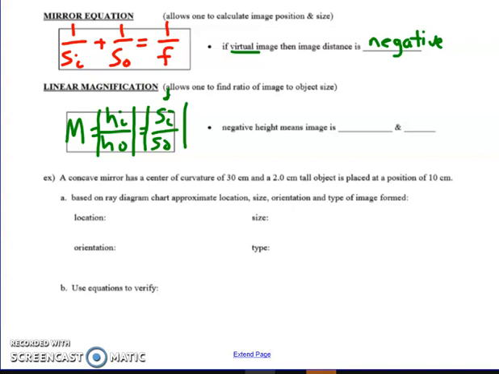If I know where I place an object and I figure out where the image is based on this equation, then I can get an idea of what's going on. So a negative image height, and I mentioned that before, when you go to solve it, especially with these problems, is real and inverted. The inverted part is a negative, and if it's inverted, it must be real.